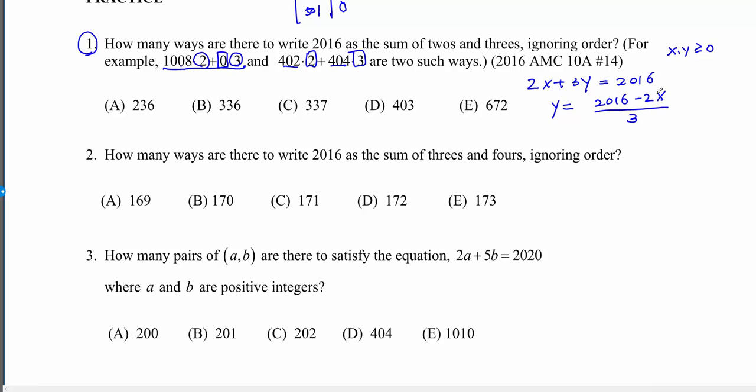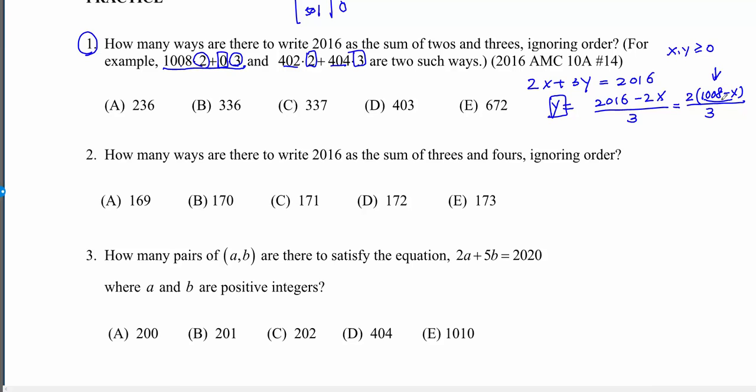Can you factor the numerator? That's 2 times (1008 minus x), over 3. Yes, 2 and 3 are relatively prime, so they cannot divide each other. To have an integer here, this number should be divisible by 3.